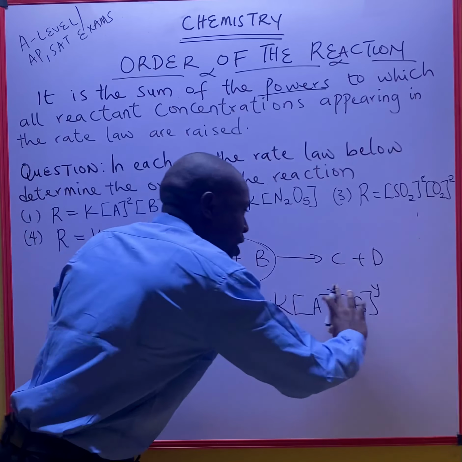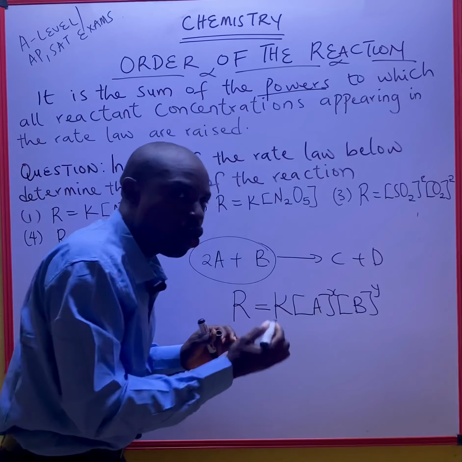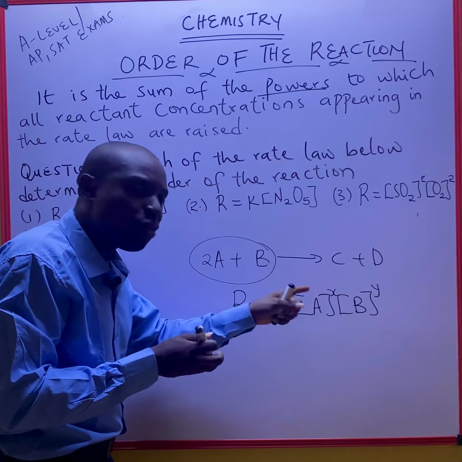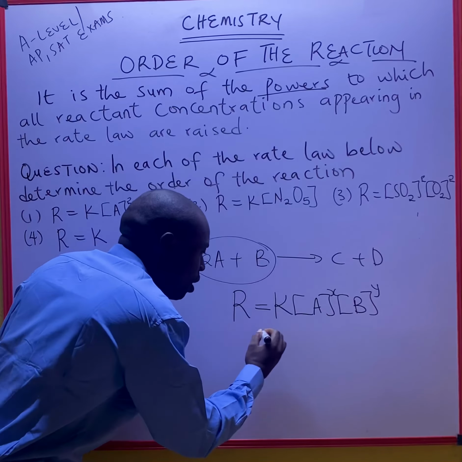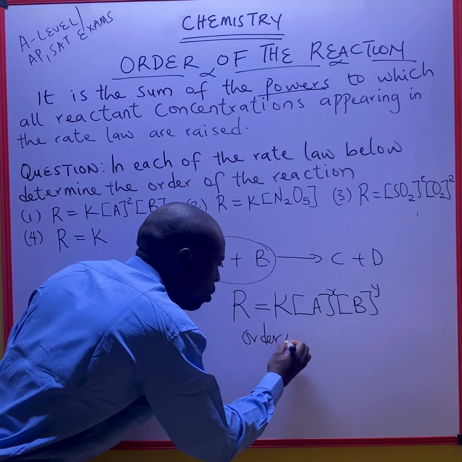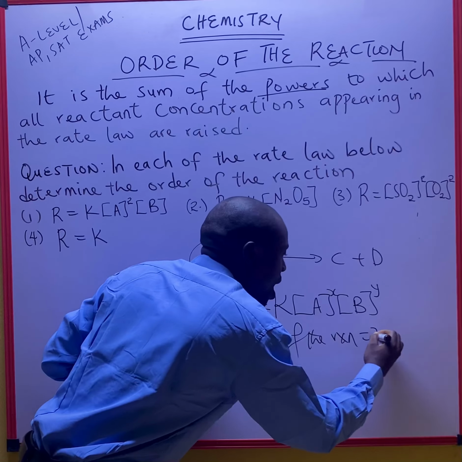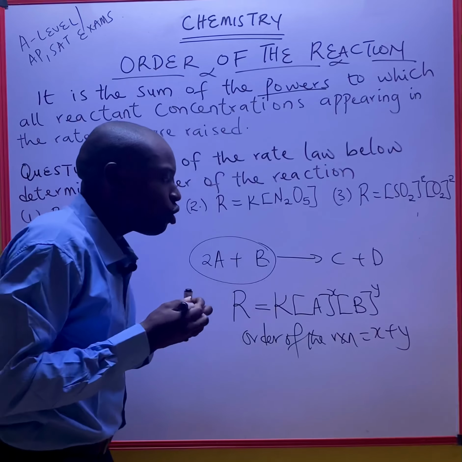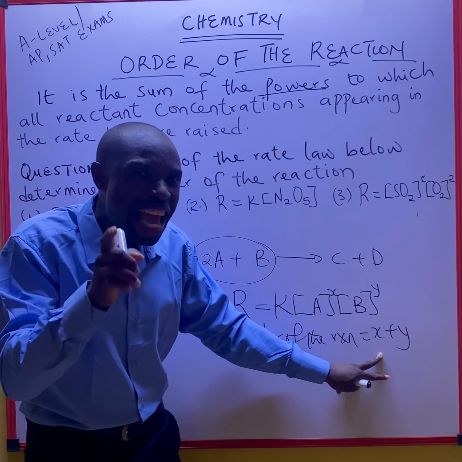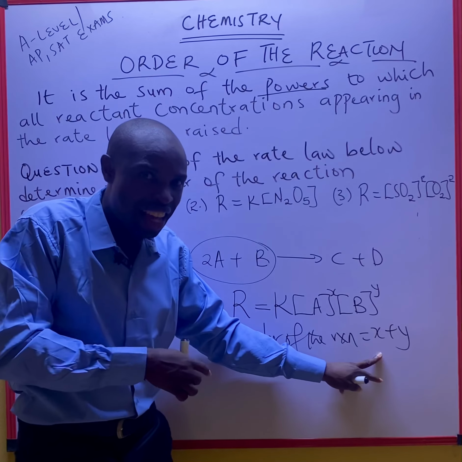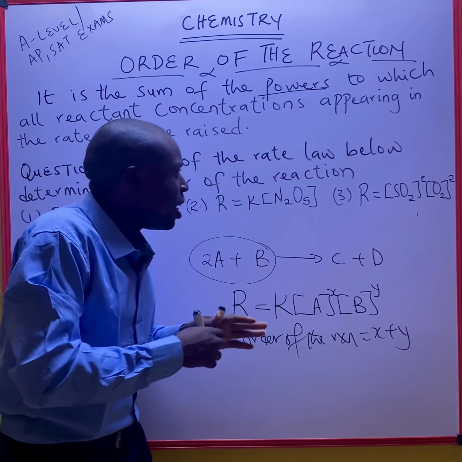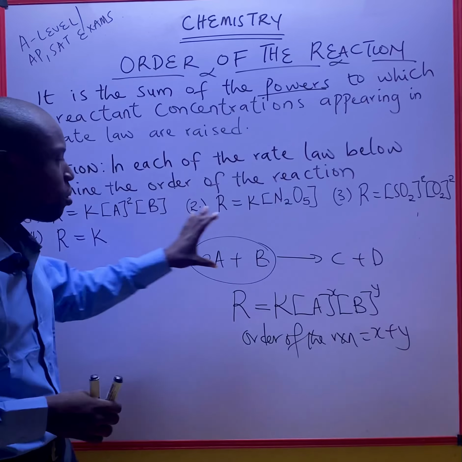Meaning, here is X and Y, which is the unknown. The order of the reaction is simply equal to X plus Y, which must be determined by experimental data. If that is understood, then we can solve all the questions here.